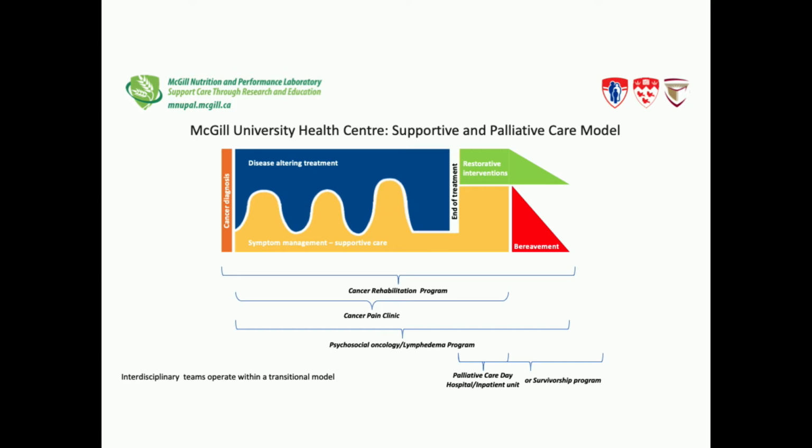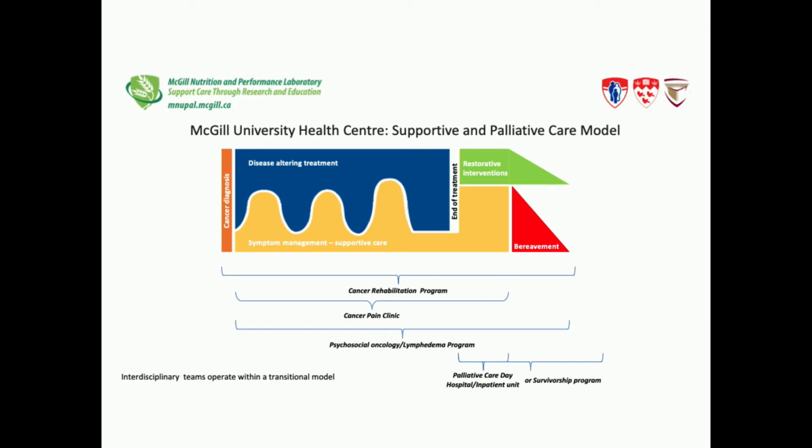So, these are all the programs that we have where we have integrated the medical cannabis program. We are fortunate to have a cancer pain clinic. We are very fortunate to have a psychosocial oncology program, a lymphedema program, an outpatient day hospital. We don't have a home care service.